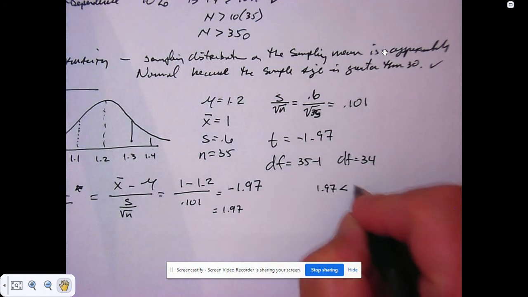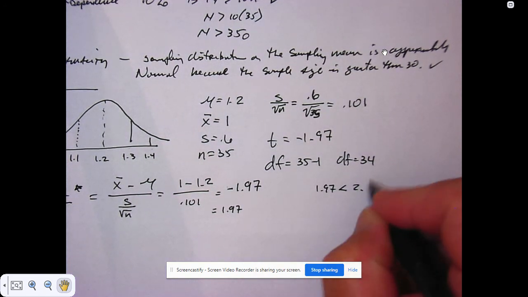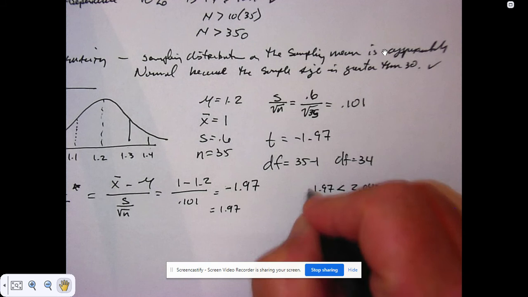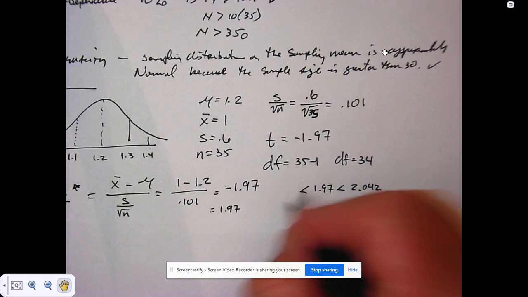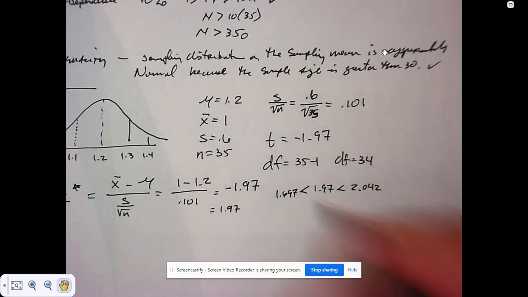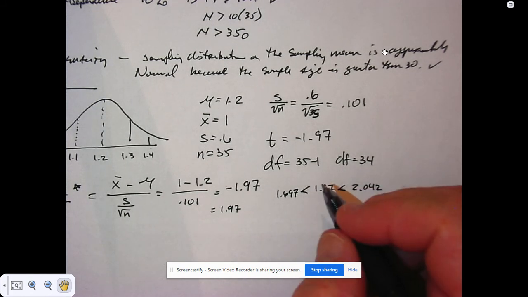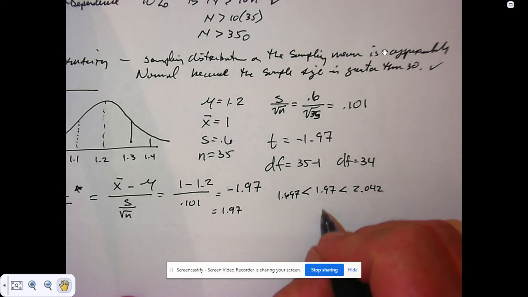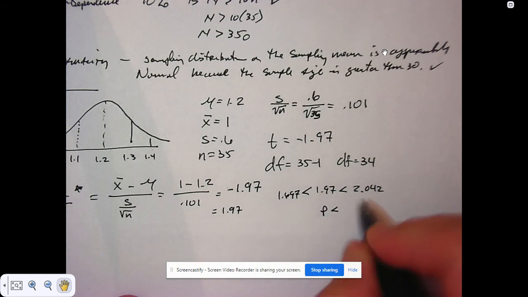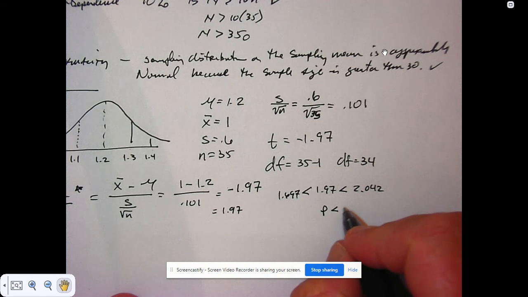2.042 and 1.697. Okay? So that means the tail probability, our p-value, is going to be between, and the things switched here.